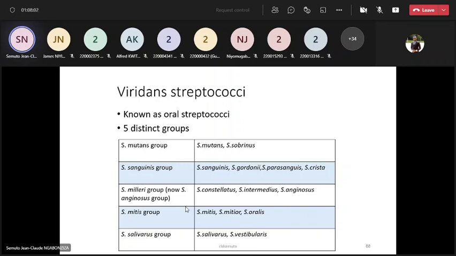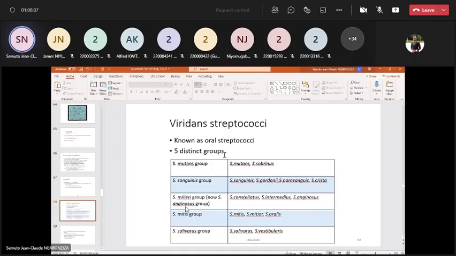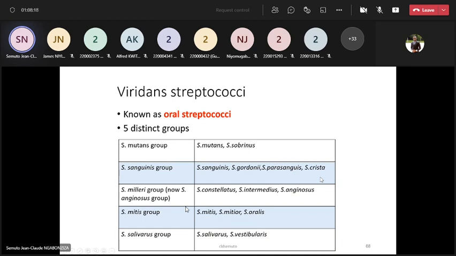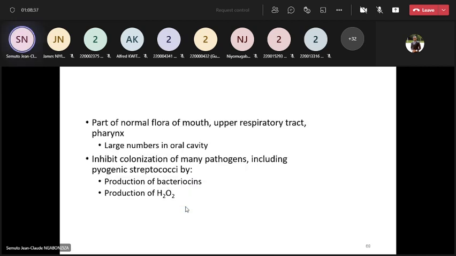Viridans streptococci, also known as oral streptococci. There are 5 distinct groups. In most cases, they are normal flora, although they can cause some problems like dental caries, but they are just normal flora of the oral cavity and upper respiratory tract.